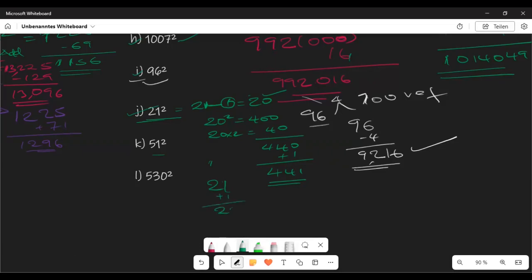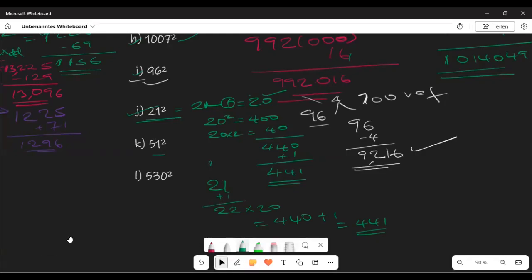So it's going to give you 22. Now it is the 22 that you're supposed to multiply by 20, because 21 is a number above 20. So this is going to give you 440. Then just add that 1 and you have 441. So there are so many methods for dealing with numbers that end with 1, and that is something that I wanted to show you.